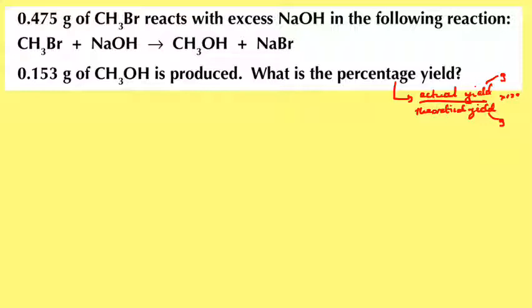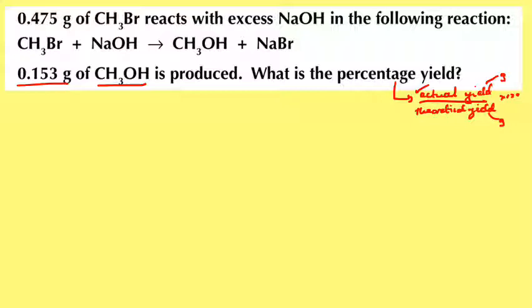It's asking for the percentage yield of methanol, and we are given 0.153 grams of it. So that is going to be your actual yield. You've been given the actual yield, but you've not been given the theoretical yield of methanol.